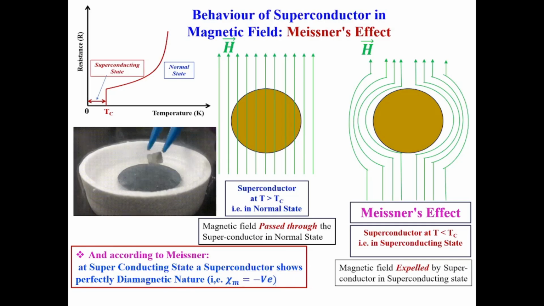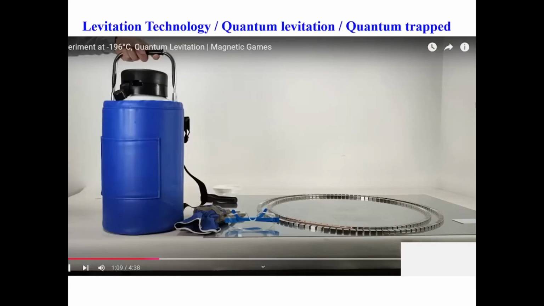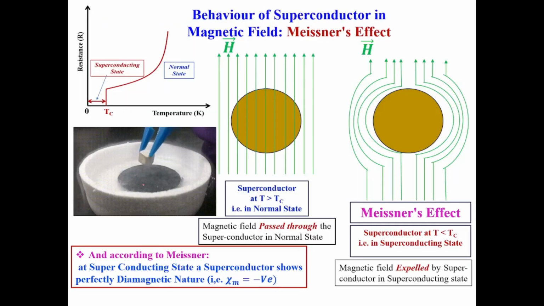So this is all about Meissner's effect. Now here you can see that this black-colored object is a superconductor inside liquid nitrogen. Hence it is in the superconducting state, because the liquid nitrogen temperature is around minus 190 degrees centigrade. Suppose this superconductor is YBCO, so it is in the superconducting state.